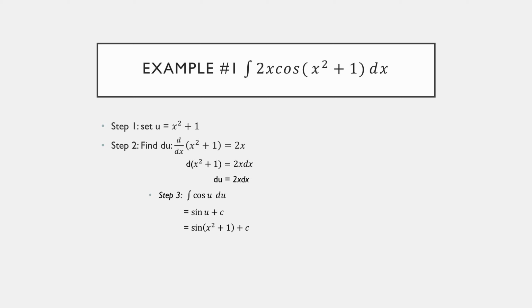And now that integration is complete, we can return u back to its original form and get a final answer of sine of x squared plus 1 plus c. And I wanted to point out that this plus c is here because this is an indefinite integral, which means it has no limit, and the plus c represents that.